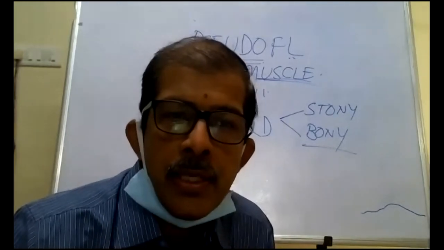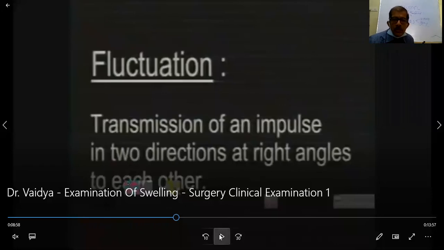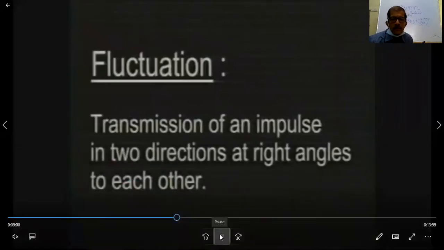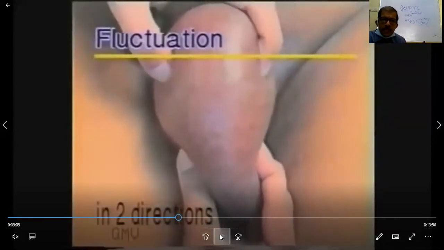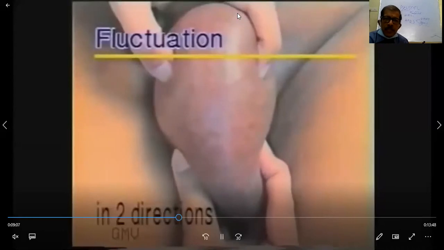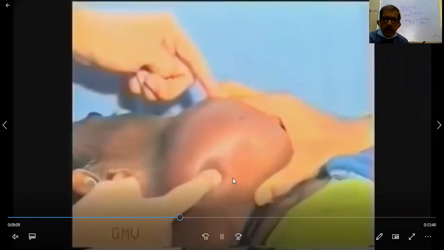Please carefully see how fluctuation can be elicited. Basically, you need to fix the swelling. Then only you can elicit. See, in two directions, both vertical and horizontal, you have to elicit. That's how fluctuation you have to elicit.